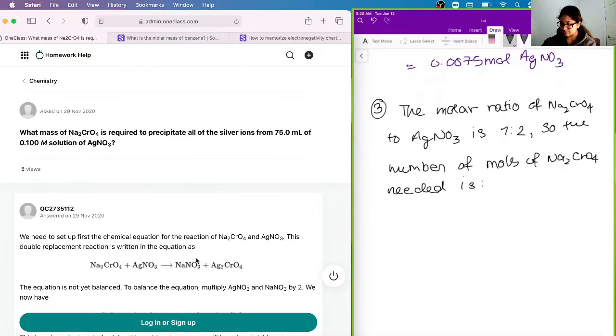Since the molar ratio is 1 to 2, you would divide that by 2.